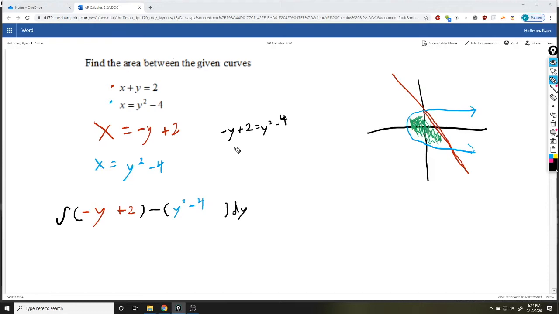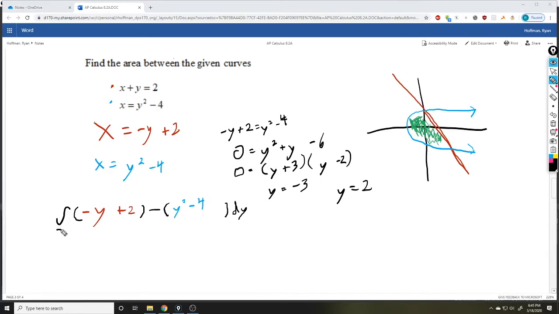So we'll set this equal to 0 and then solve. So we get -3 and 2 as our boundaries. So that's what we're going to set our bounds to. Our bottom bound is going to be -3, and our top bound is going to be 2.